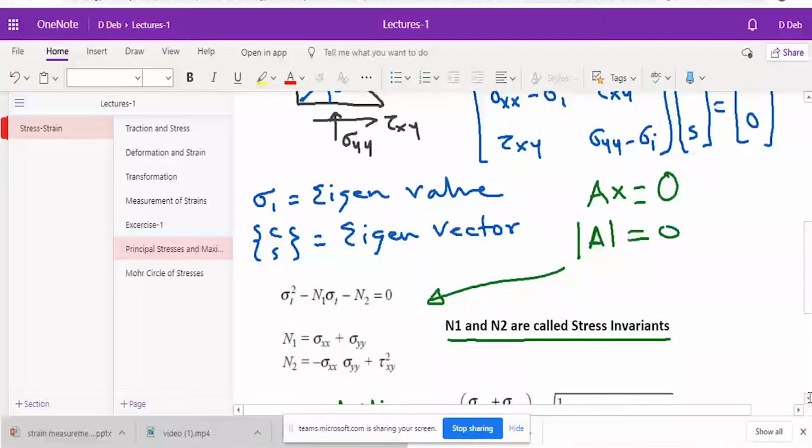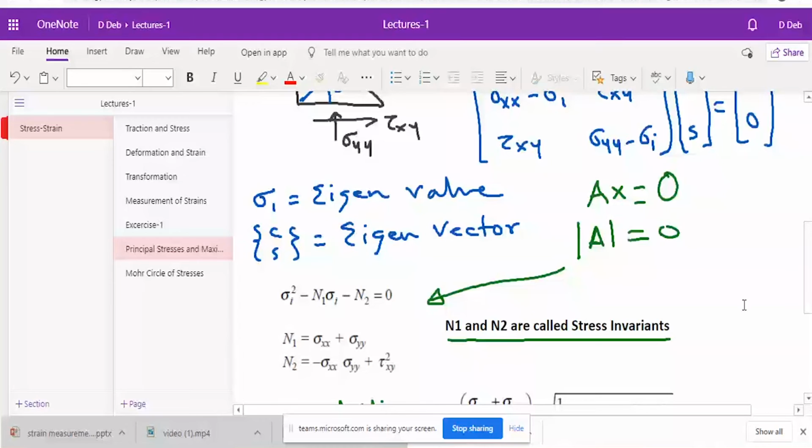That means this equals sigma x dash plus sigma y dash. Okay, this equals the same, and here you can just replace by any x dash y dash. The values of N1 and N2 will remain the same.